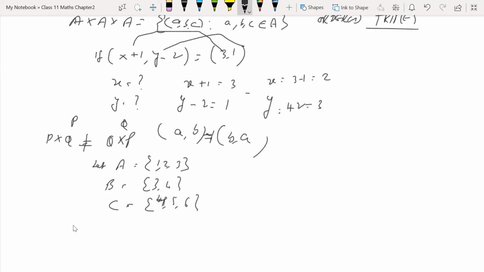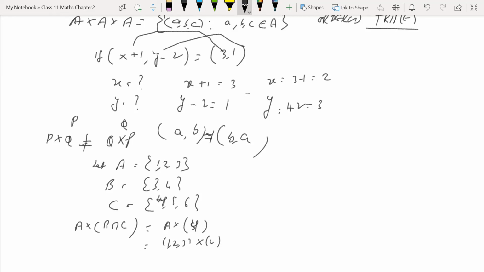Then A cross (B intersection C). B is 3, 4, C is 4, 5, so the intersection becomes 4. A is 1, 2, 3 and the intersection is 4.